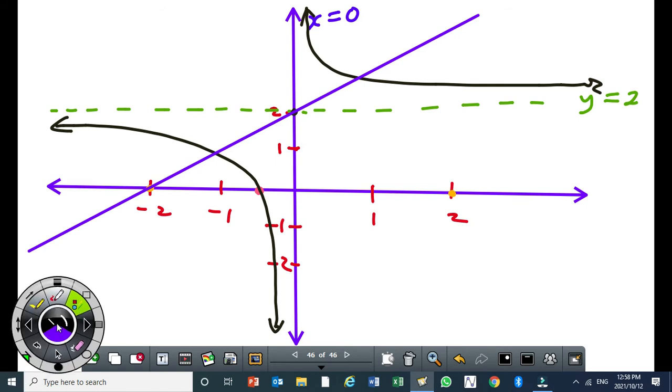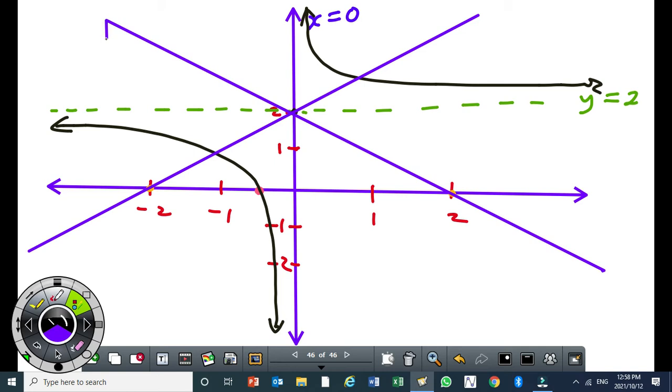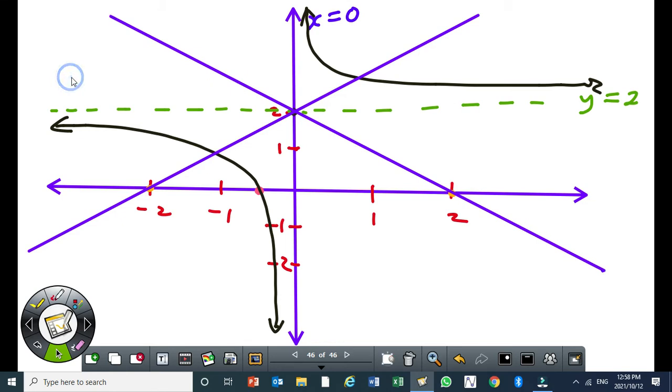The one with a negative gradient, I can draw it. Yeah, I'll move it up a little bit. That's better now. Okay? So we have our two lines of symmetry.